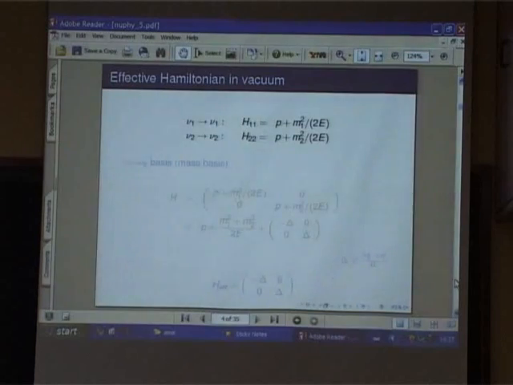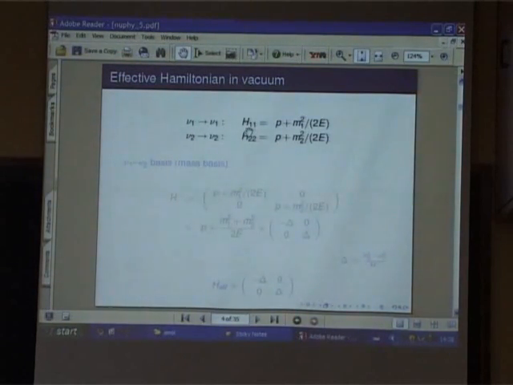Okay, so let's first talk about the effective Hamiltonian in vacuum. Take a neutrino mass eigenstate. As we saw earlier, if you want to see how nu1 propagates and remains nu1, its effective Hamiltonian is effectively p plus m1 squared by 2p, where m1 is the mass of nu1, and that's h11. h11 is the element of the Hamiltonian that takes nu1 to nu1.